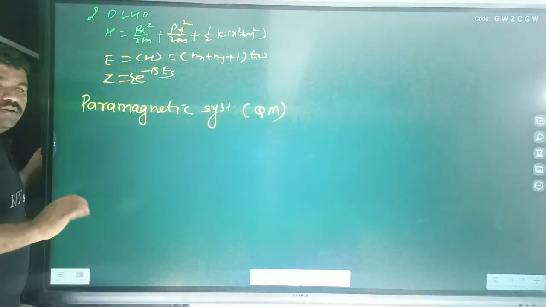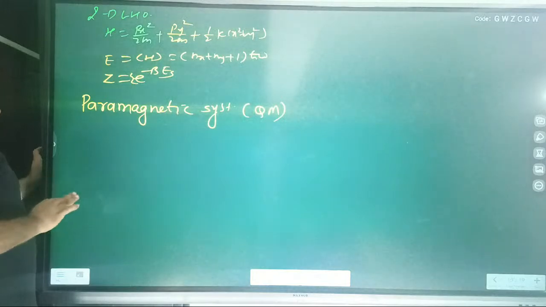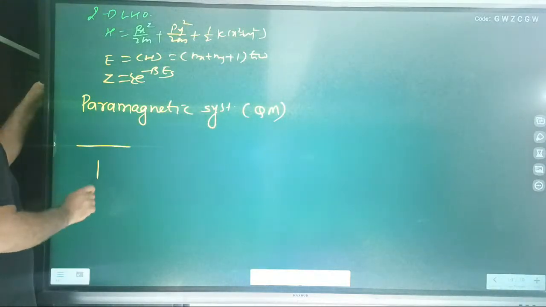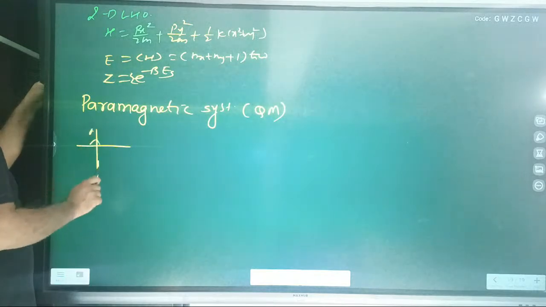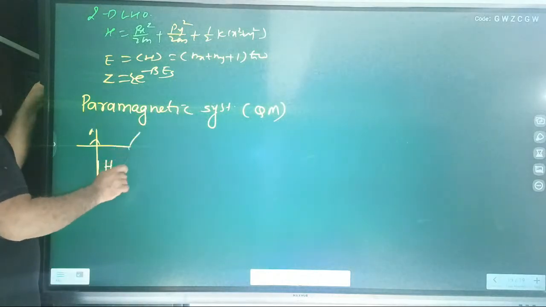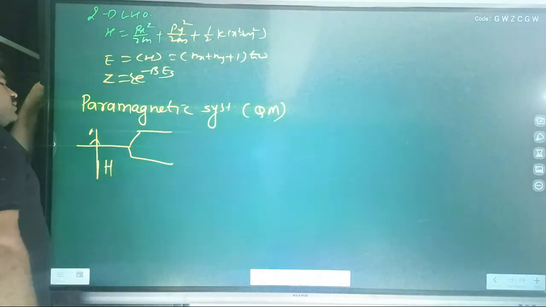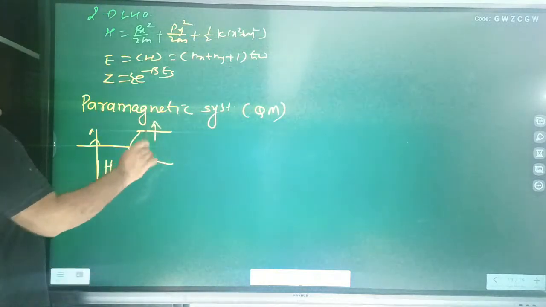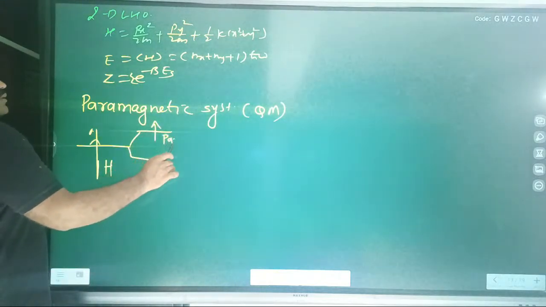Initially, all spins are aligned randomly, before applying the external magnetic field. But we can apply an external field H. Then some spins align in the upward direction, which is parallel.